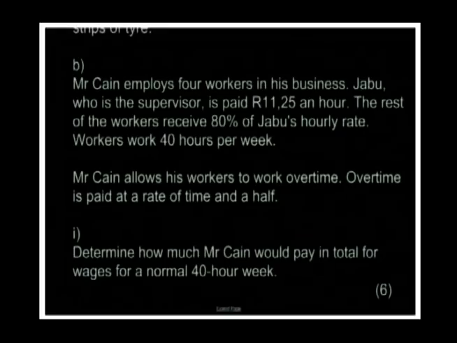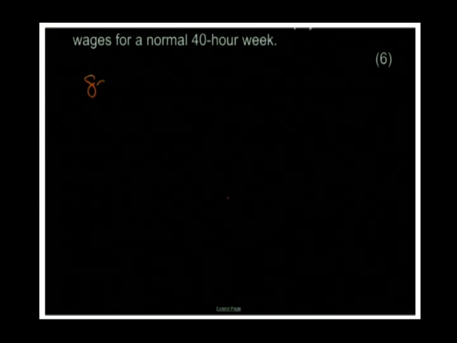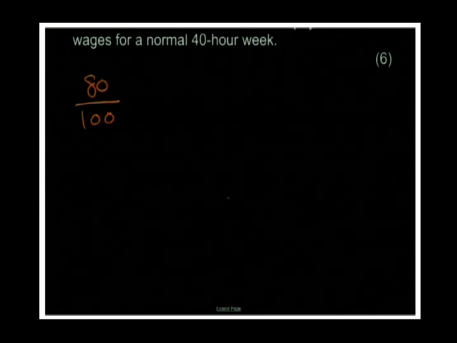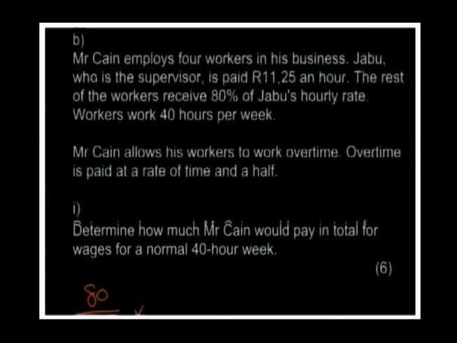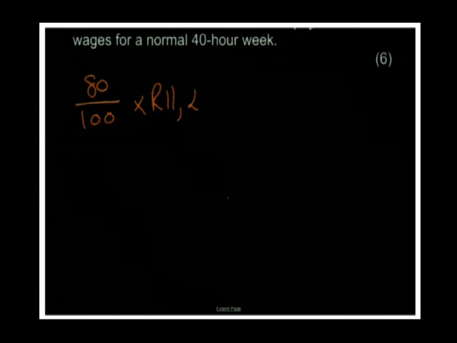First thing, Jabu earns 11 Rand 25 every hour. The rest of the workers receive 80% of Jabu's hourly rate. So let's do this. Let's find out what is 80%, and it's 80 over 100, of Jabu's salary. And his salary was 11 Rand 25.